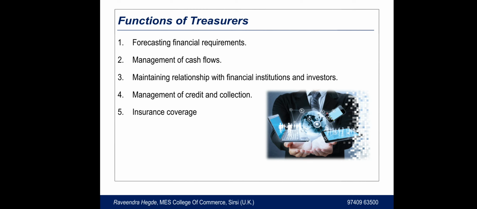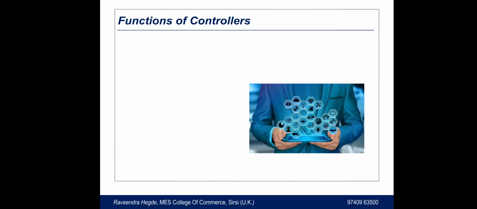The fifth function is insurance coverage, providing insurance coverage that may be necessary to protect the financial interest and the assets of the company. Next is floating the securities, providing necessary information for floating the securities, managing the issues, and maintaining the relationship with the stock market operators.